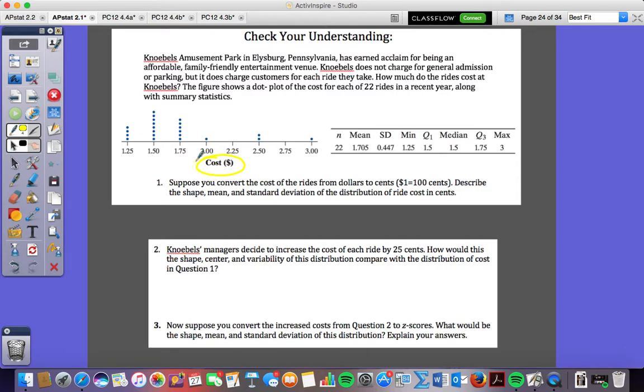So it says describe the shape, mean, and standard deviation of the distribution. So what I have to start off with, when we convert the cost of rides from like items, we could say that the shape would be, the mean would be, standard deviation would be.